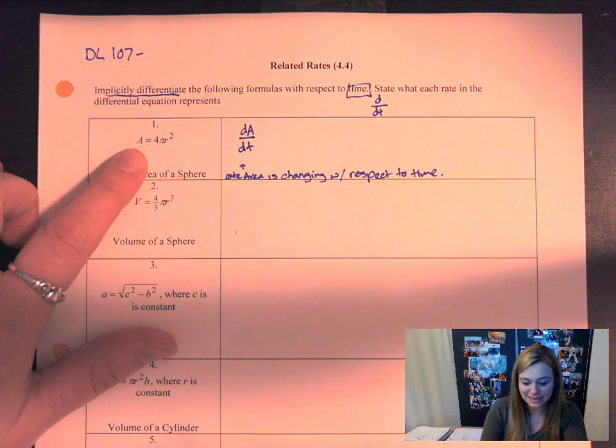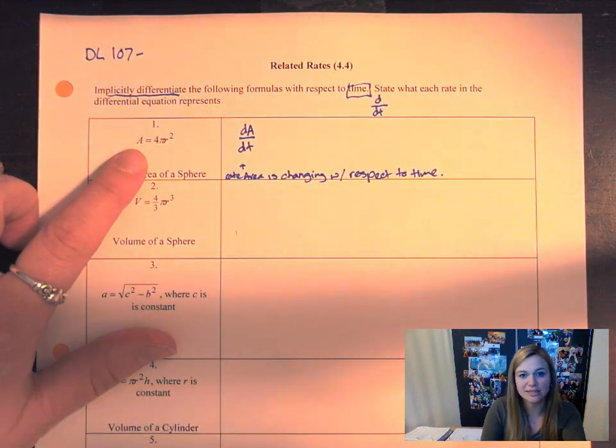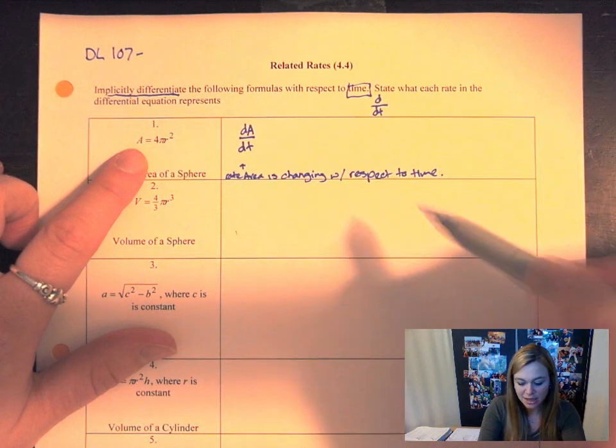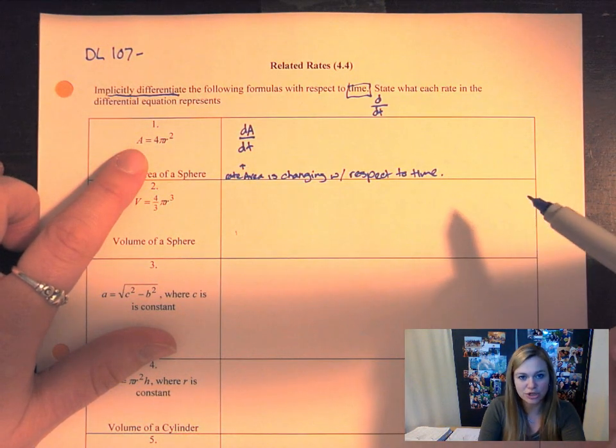You don't have to write this every time, but the problem says to state which rate is represented by the differential equation, what it represents. So that's the rate the area is changing with respect to time.